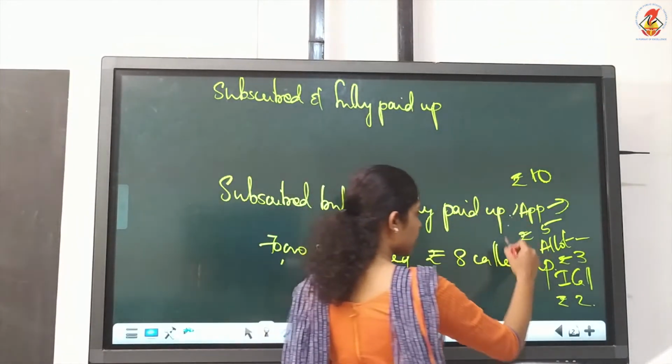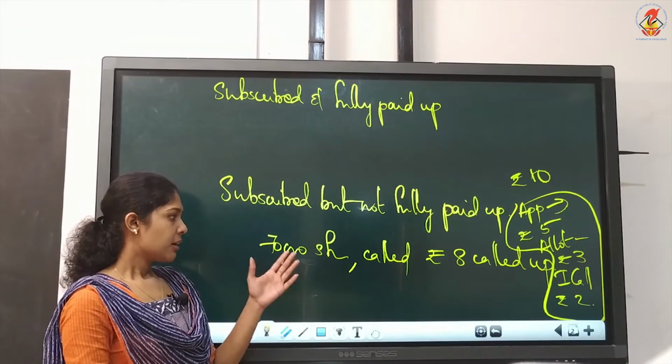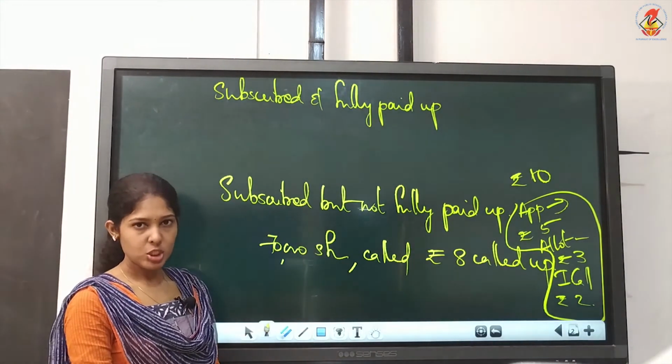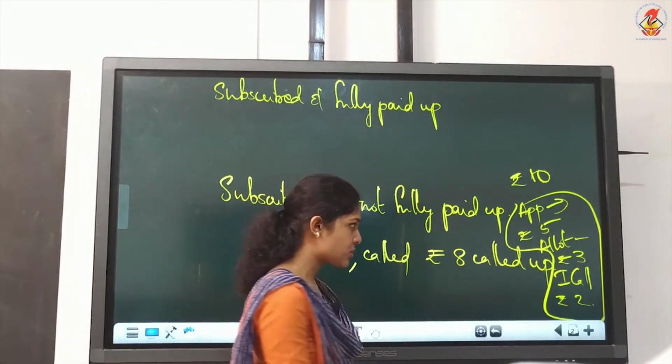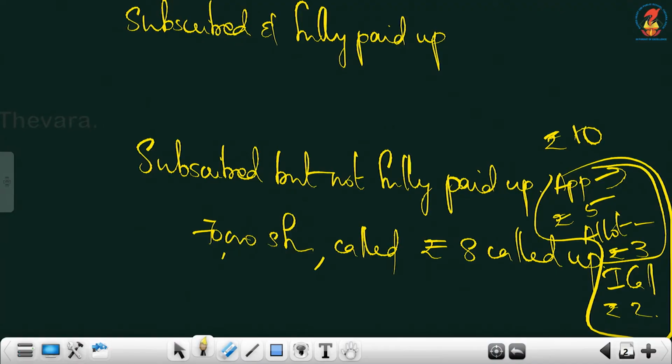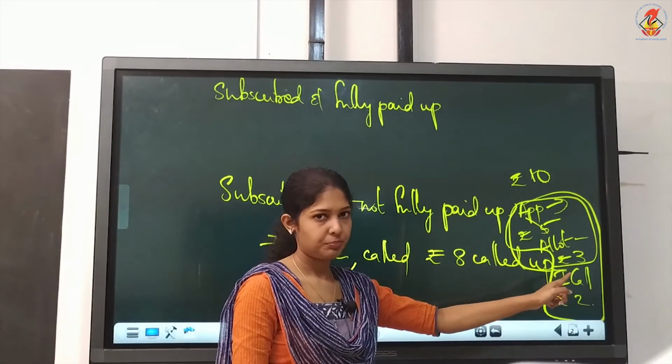Now this is the question given to you, and it is said in the question, the public subscribed 70,000 shares. But the company has called only rupees 8, meaning the company asked for payment only till allotment. That is how we are getting 8. Understood?